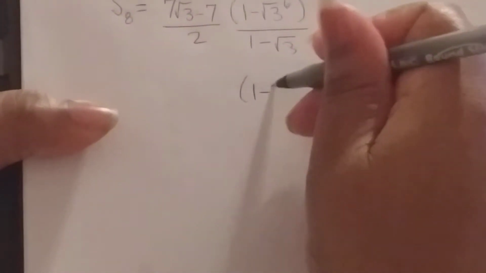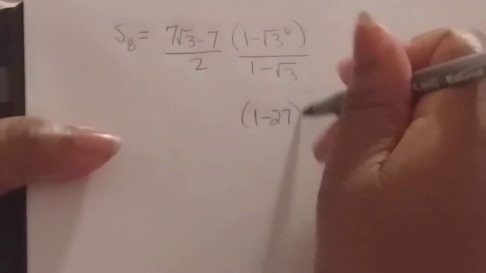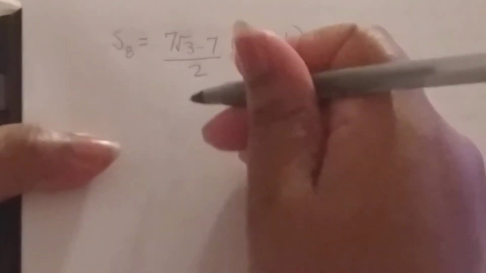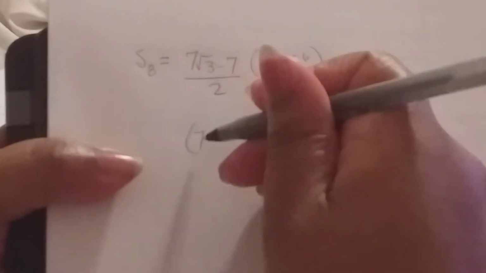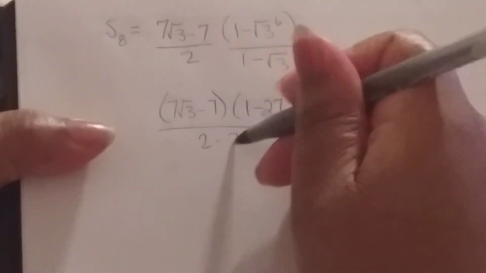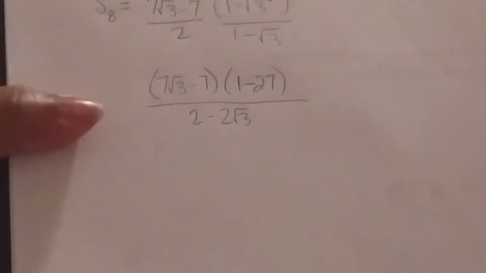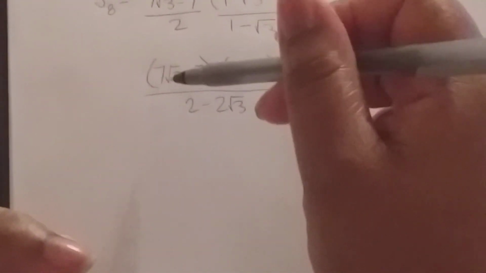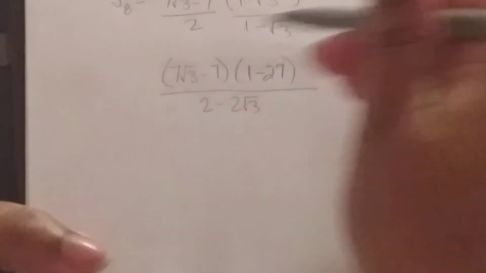So this is equal to 1 minus 27 times 7 square root of 3 minus 7. Then this is 2 minus 2 square root of 3. We multiply this in, so that's 7.